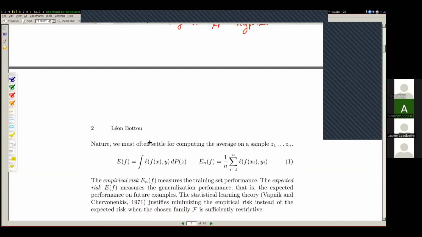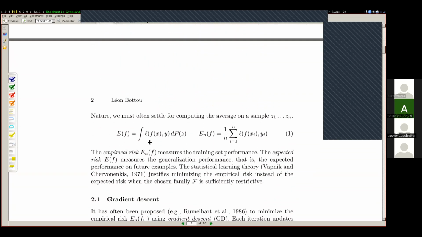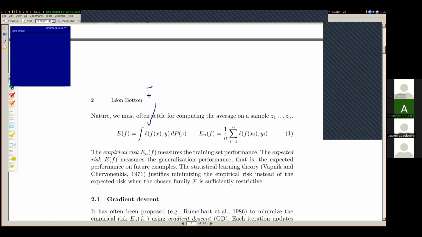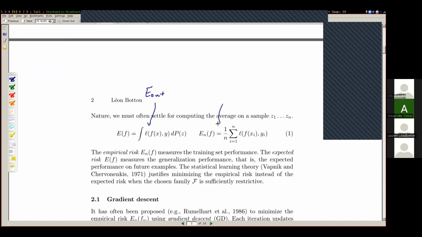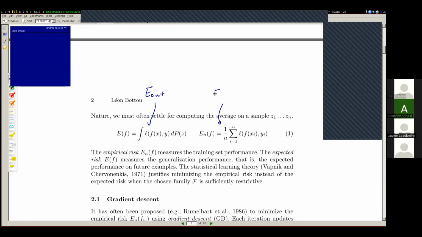Down here, every paper is always going to start with this sort of paragraph introducing all their notation, and they're always going to define their out of sample error and their in sample error. This thing on the left over here is the E out in the book, the out of sample error. And this thing on the right is the E sub in, the in sample error.